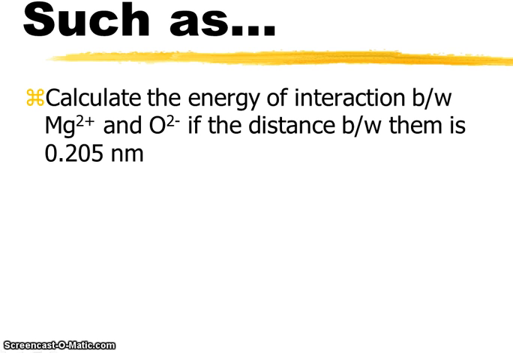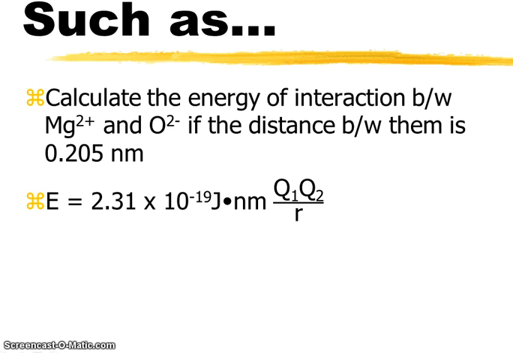Calculate the energy of interaction between a magnesium ion and an oxide ion if the distance between them is 0.205 nanometers. So we have our equation. For Q1, we're going to plug in +2. For Q2, we're going to plug in -2.